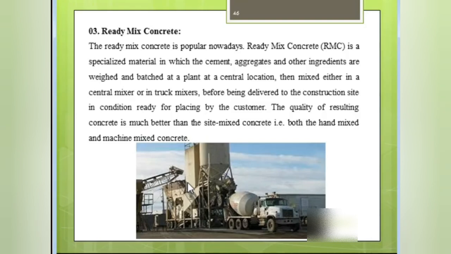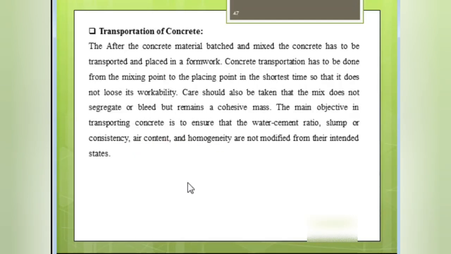At the ready mix plant, the concrete ingredients are well batched, well measured and well mixed, and the ready mixed concrete is transported by a truck so that it reaches our construction site. Its name indicates it: already prepared concrete mix, which we can bring through truck mixers to our particular site. So that is ready mix concrete.